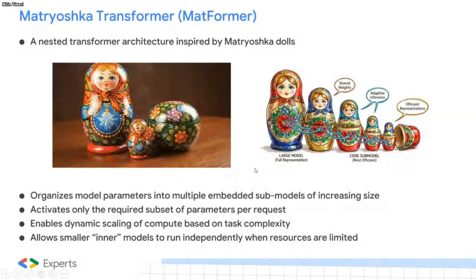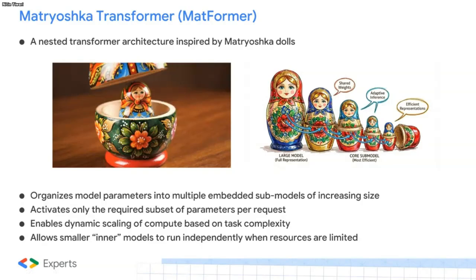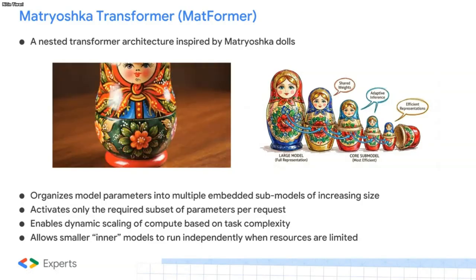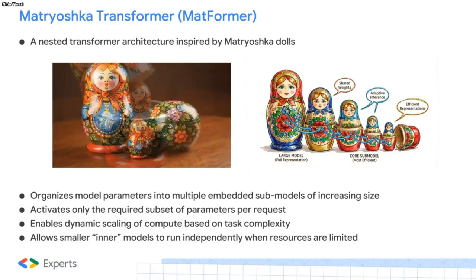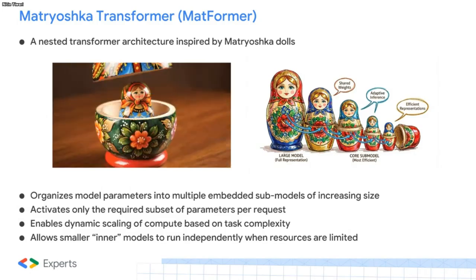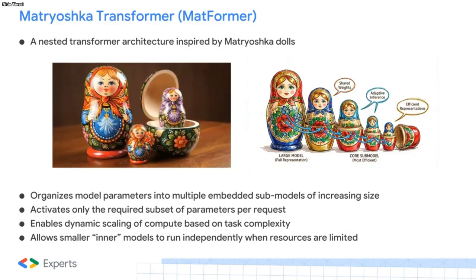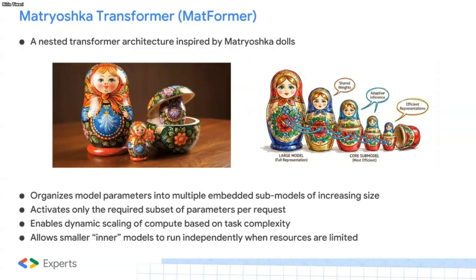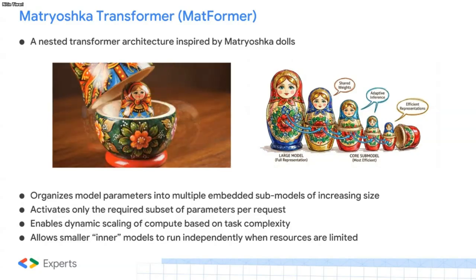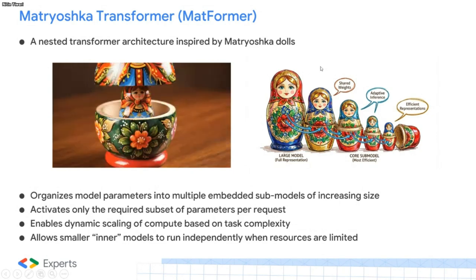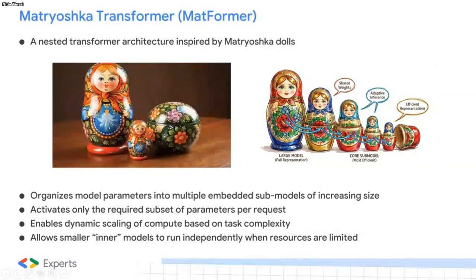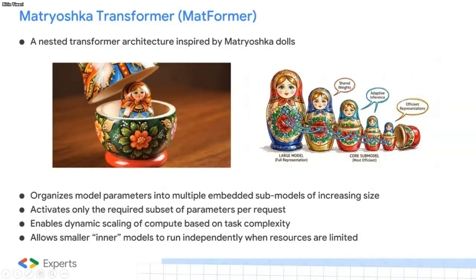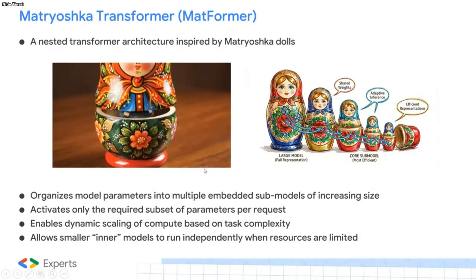Yeah. So we were talking about Matryoshka Transformer, and I hope you have seen these dolls. Matryoshka is a Russian doll, a toy where within a doll you'll find another doll. Think of each doll as a model, the biggest one being the bigger model, and each subsequent one being a model of smaller size.